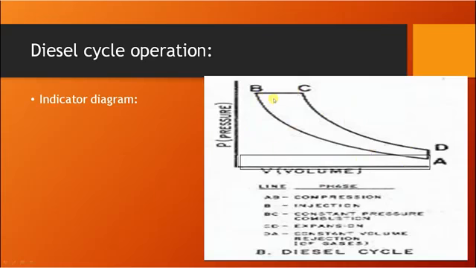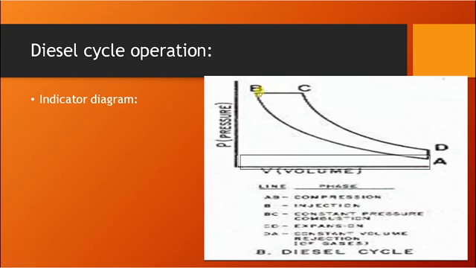We can study the entire process using this indicator diagram. In this indicator diagram, OA represents the first stroke, that is the intake stroke, during which fresh air is admitted into the chamber, and AB represents the compression stroke.